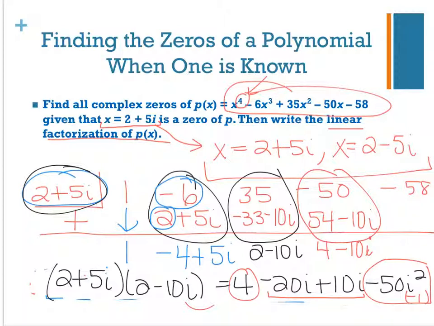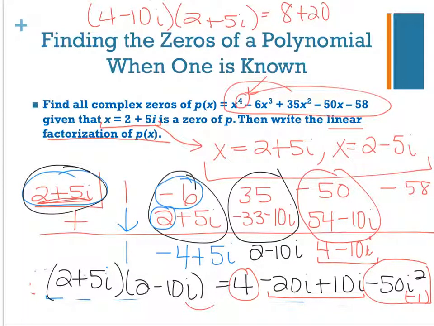So I'm going to go to the top of the screen here and multiply 4 minus 10i, right here, times 2 plus 5i. And if I multiply those out, I get 8 plus 20i minus 20i minus 50i squared, which then the 20i and the negative 20i cancel out.